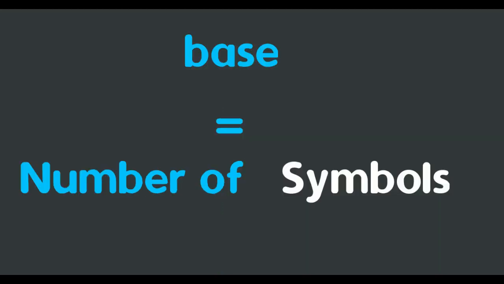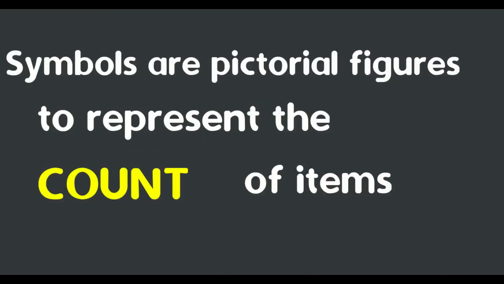Base is equal to the number of symbols we use in that particular number system. And what are the symbols? Symbols are just pictorial figures to represent the count of items. Say we have this item here, and to represent how many items there are, we use a particular pictorial figure and we call this symbol 1.